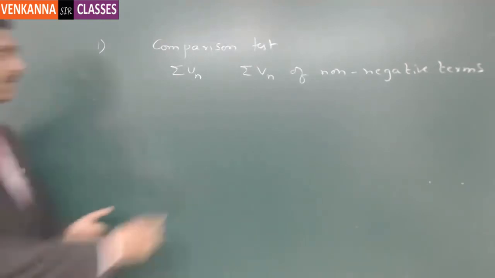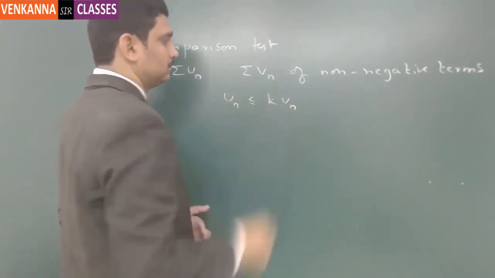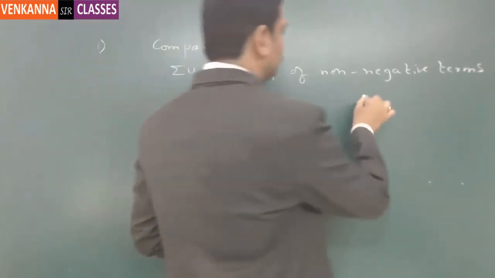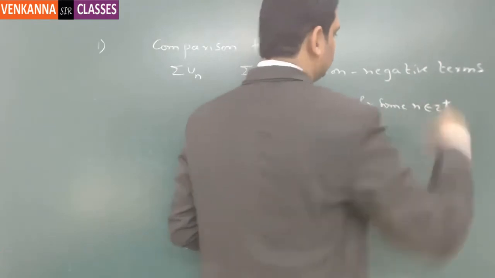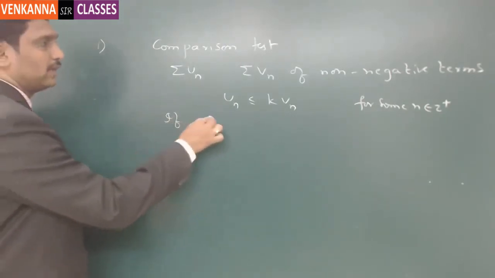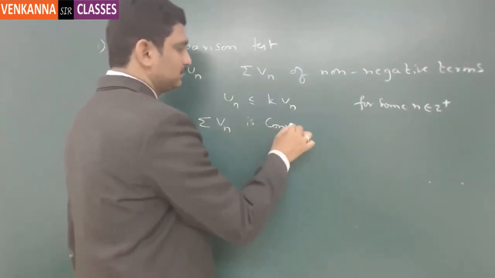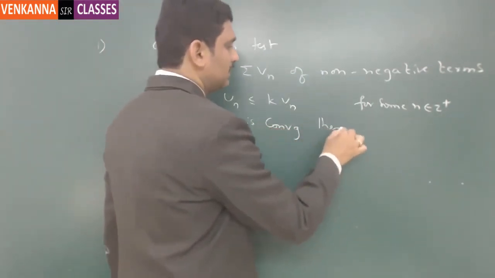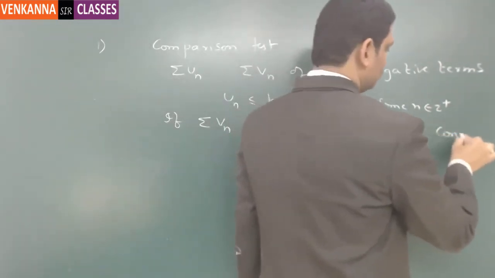And I am saying that un is less than or equal to k into vn. If sigma vn is convergent, then sigma un is convergent.